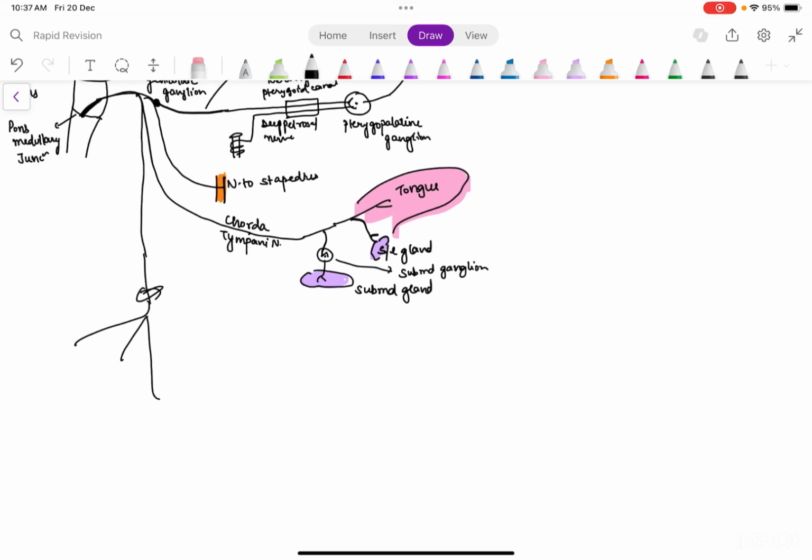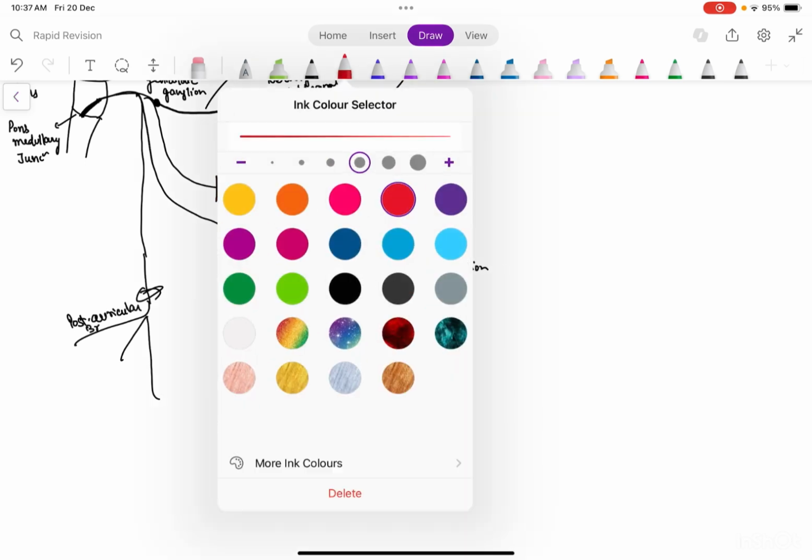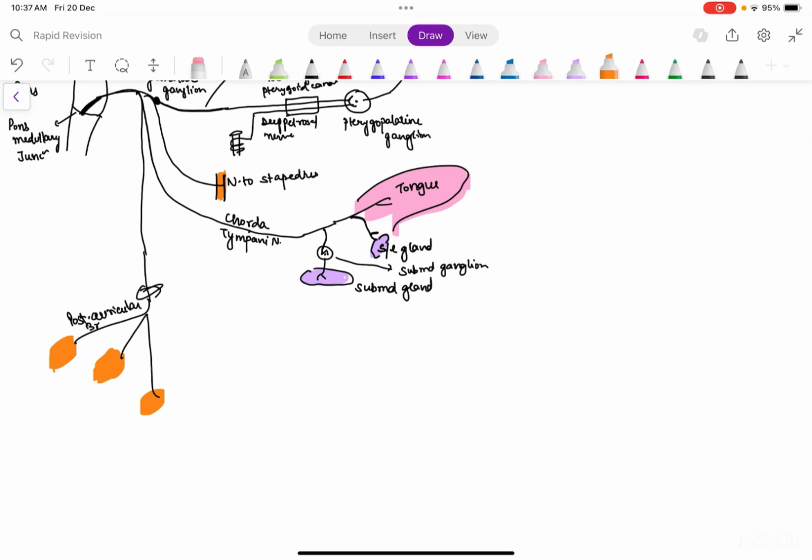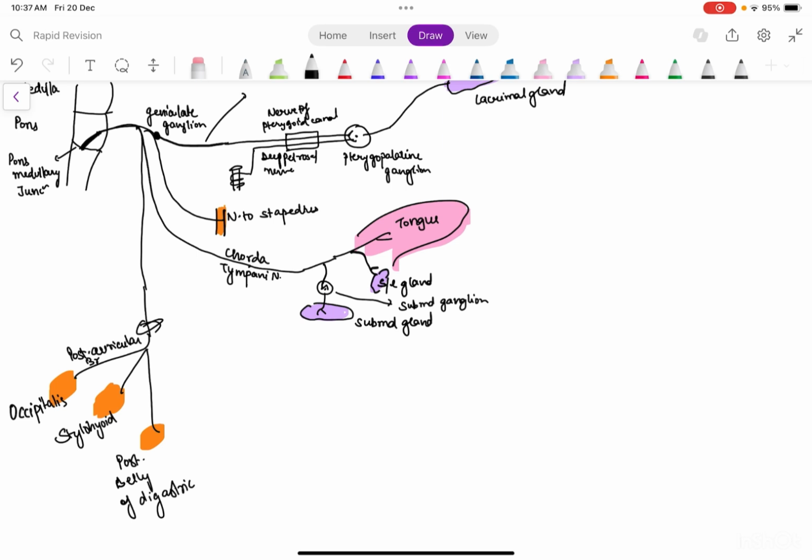All right, one is the posterior auricular branch, then the branch to the stylohyoid, and posterior belly of digastric.